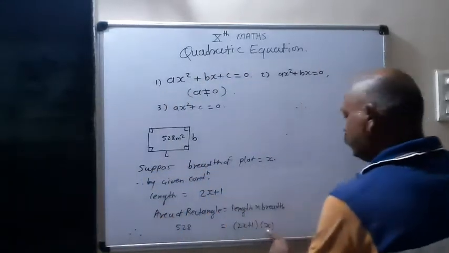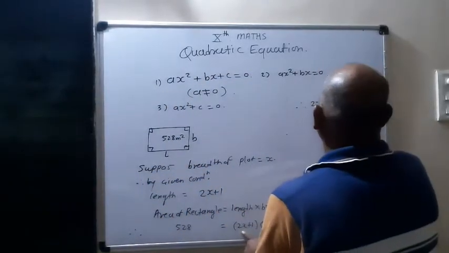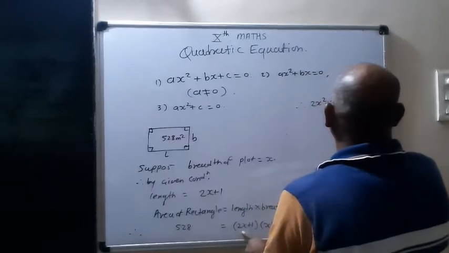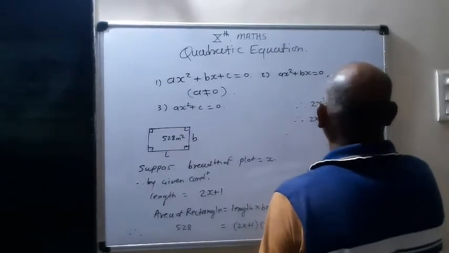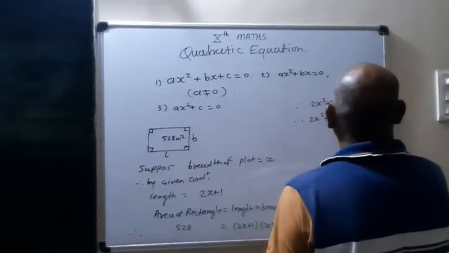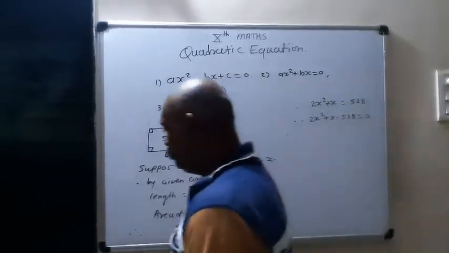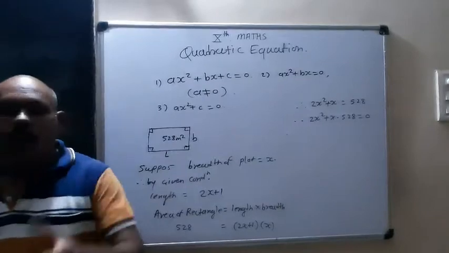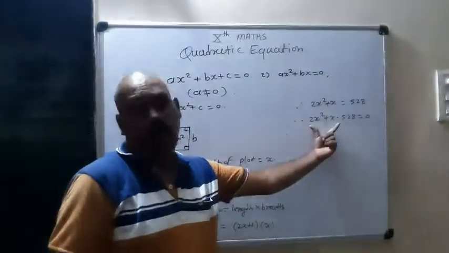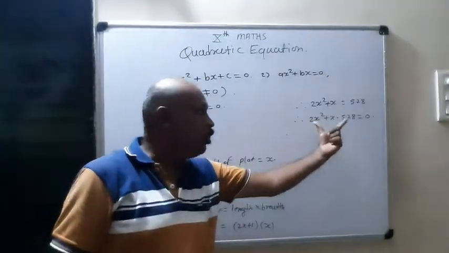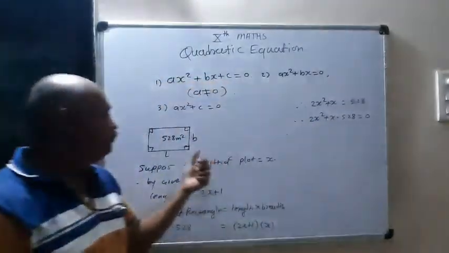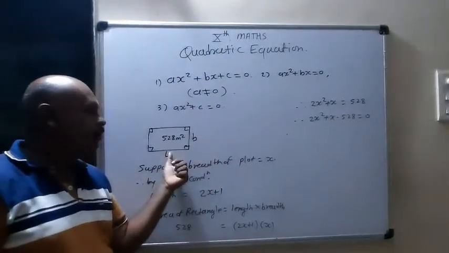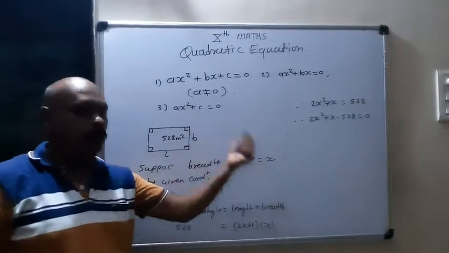Therefore, by multiplying this, 2x square plus x is equal to 528. Therefore, 2x square plus x minus 528 is equal to 0. It is the quadratic equation form, and when we solve it, we get the length of the plot and breadth of the plot.